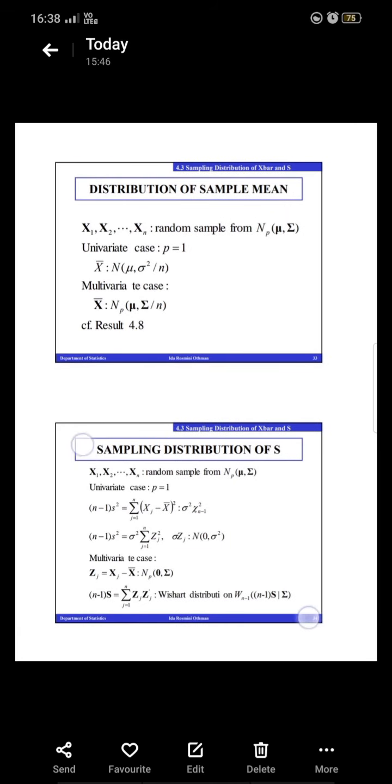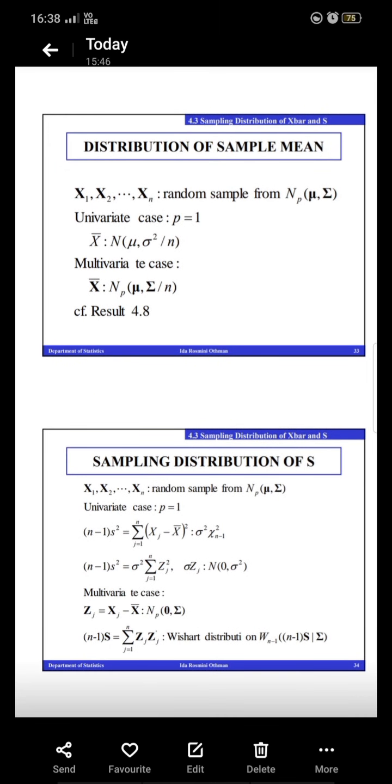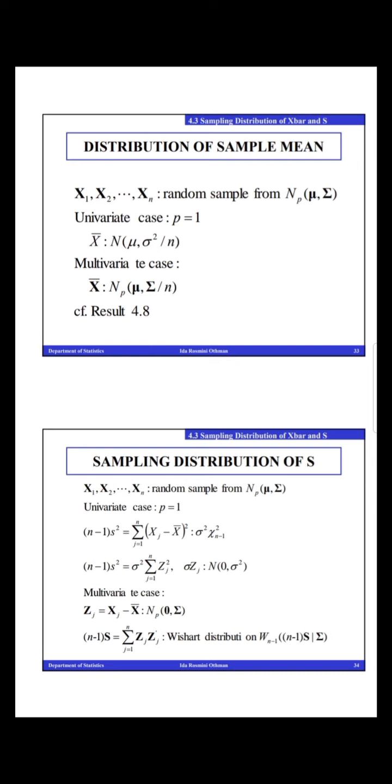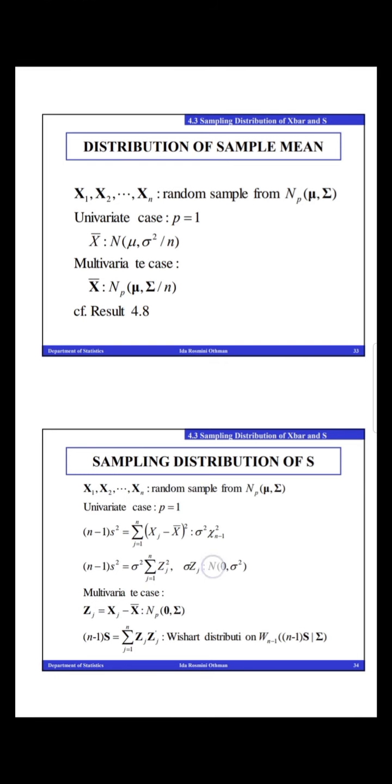Because of that, we can write n minus 1 s square as the summation of z square j, where z is normally distributed with mean 0 and variance sigma square. This is the univariate case.